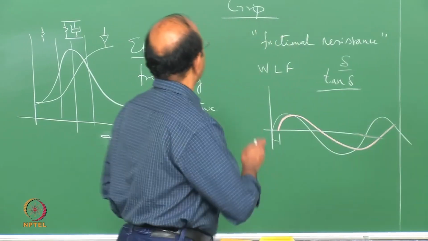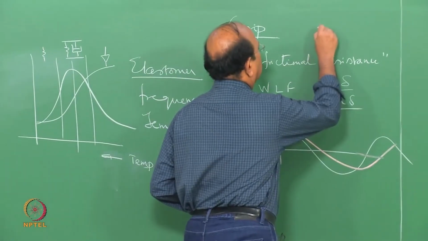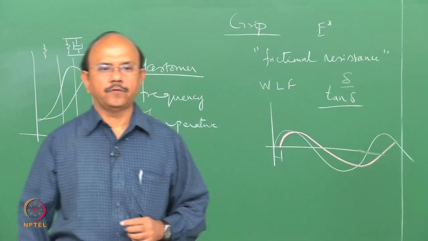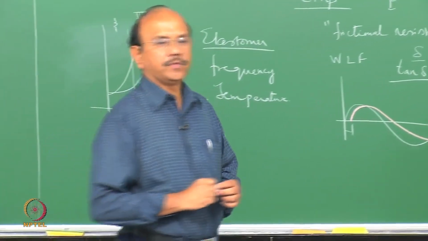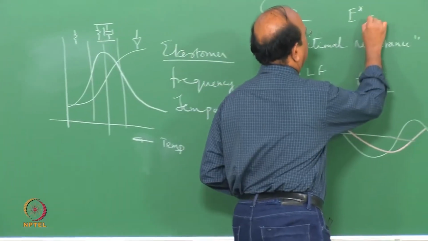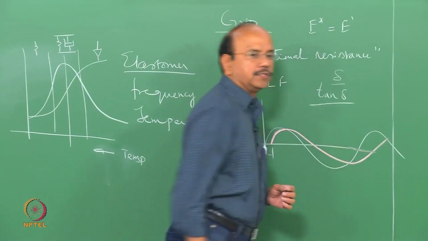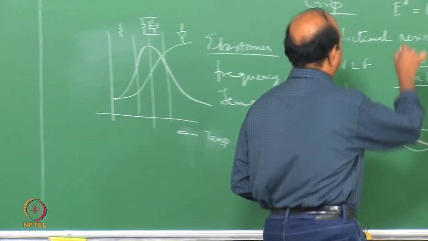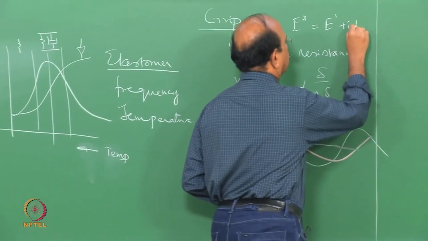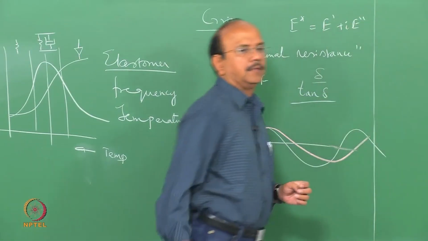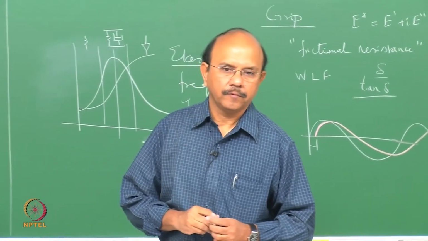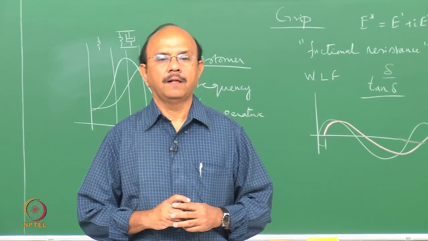Hence, here we have what is called a complex modulus for a viscoelastic material, which consists of a real part, which is called the storage modulus, plus an imaginary part, which is called the loss modulus.